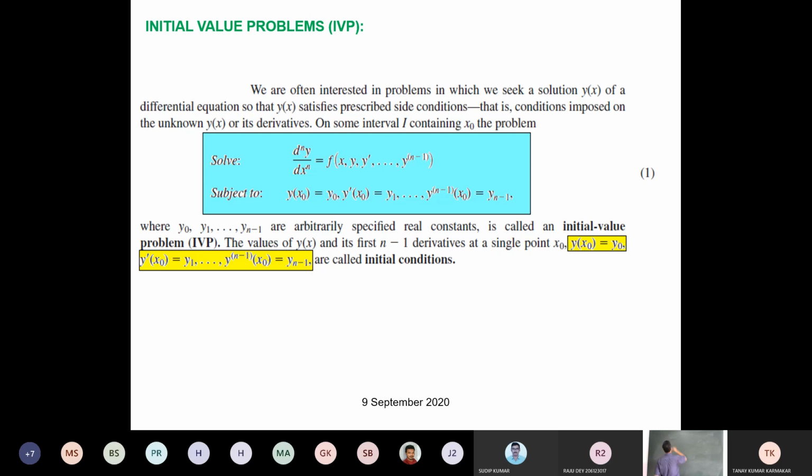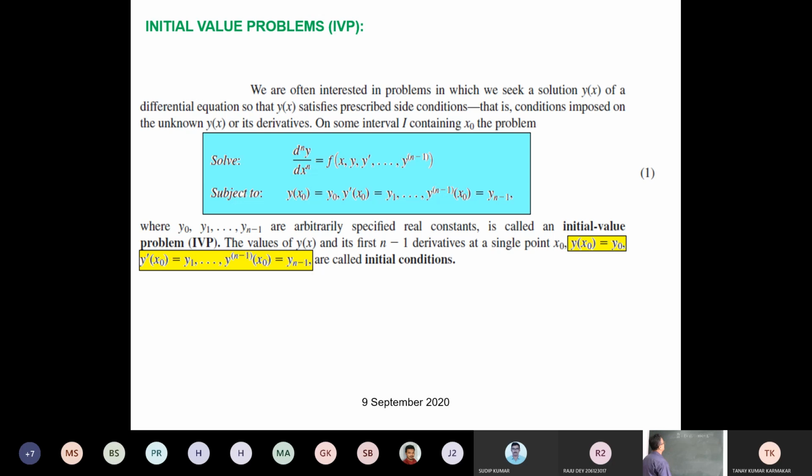So this is the first order differential equation, and because it is first order, it is going to come up with only one initial condition. So that's it. It is going to define an initial value problem.